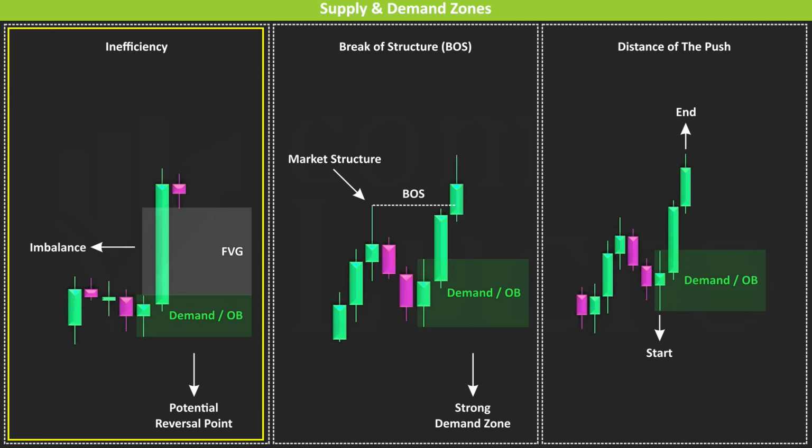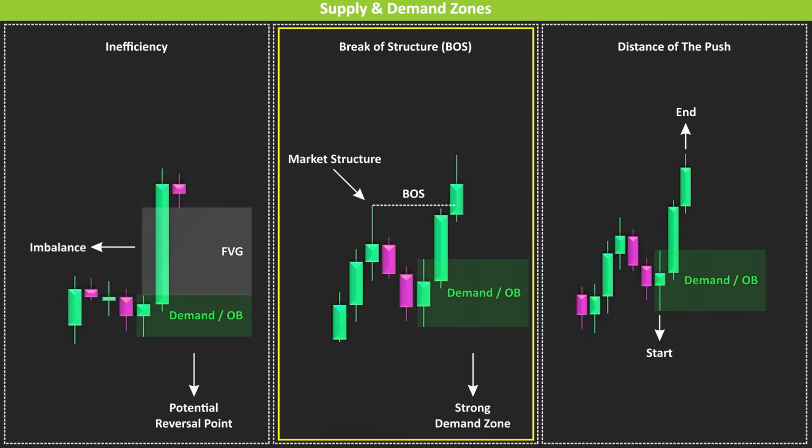Inefficiency happens when price moves away from an area very quickly, leaving an imbalance between buyers and sellers. This imbalance often appears on the chart as a fair value gap between candles.